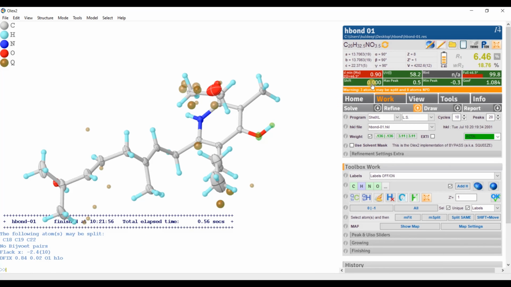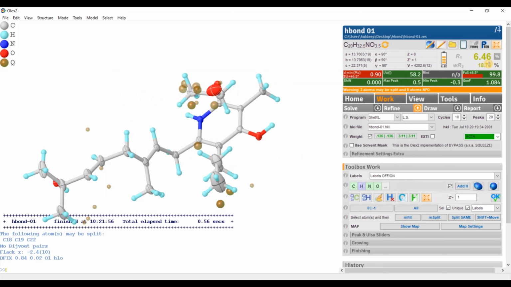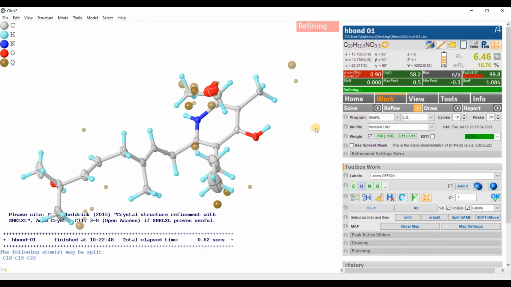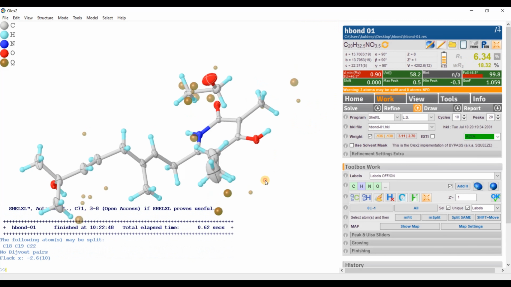Now you can see the two atoms in the .ins file, and don't forget to write here minus 1.2, and okay. Now refine. Yes, the R factor is further dropped to 6.34%.